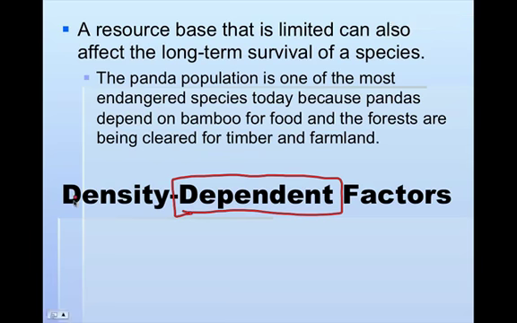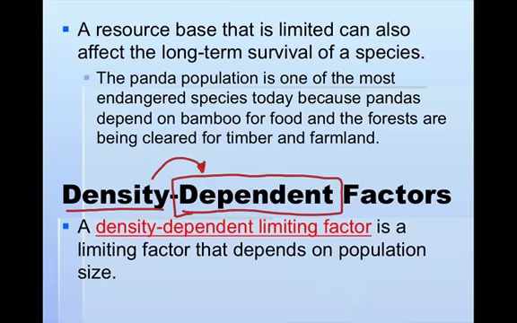So this means density is dependent upon something. Let's see what that definition is. A density-dependent limiting factor is a limiting factor that depends on population size. So here we go again: density dependent depends on population size.